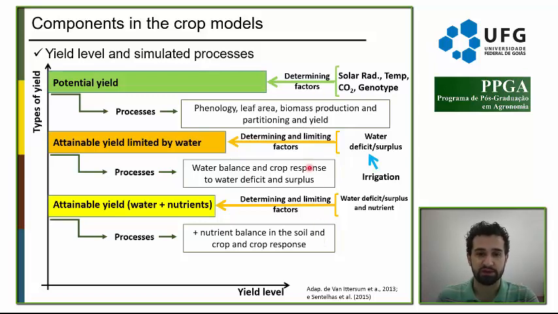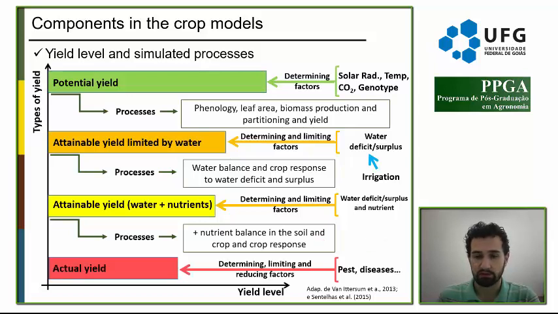So we have these different processes occurring in the model, and each one interacts with the others to make the crop growth more realistic. And we can have our last yield level, that is actual yield, where I have determining, limiting, and reducing factors penalizing the potential yield to get this actual yield.